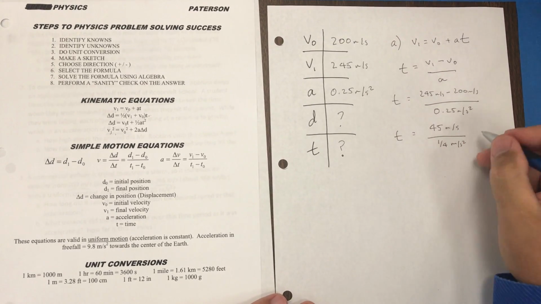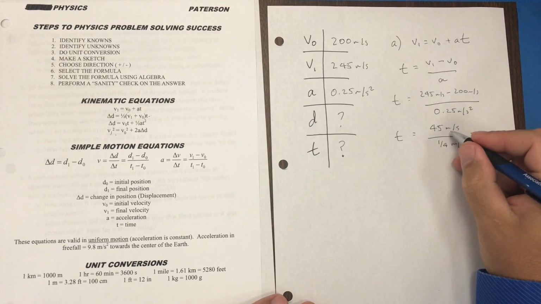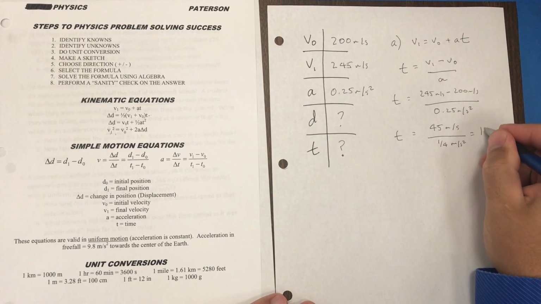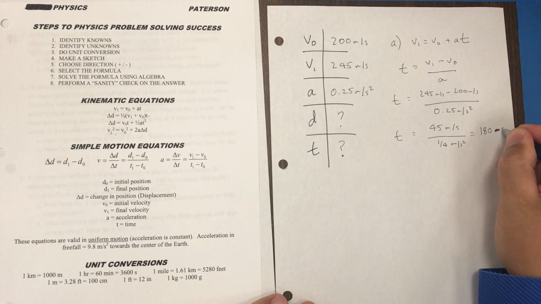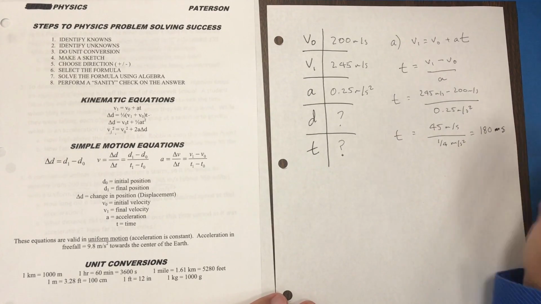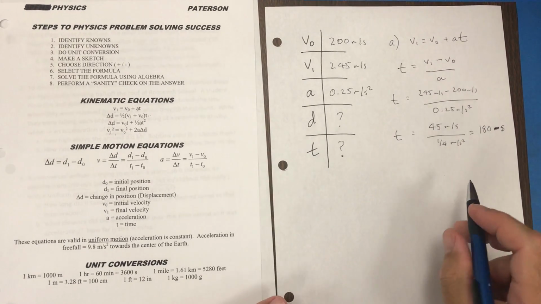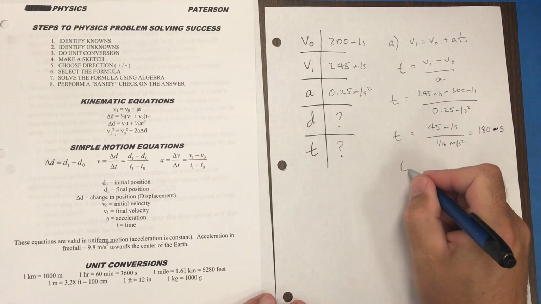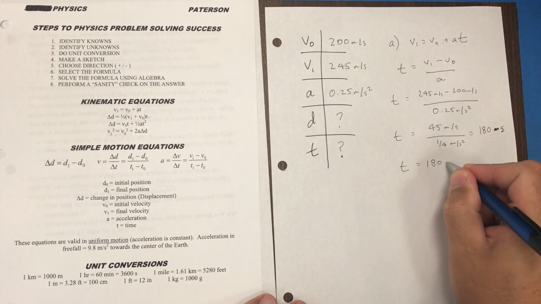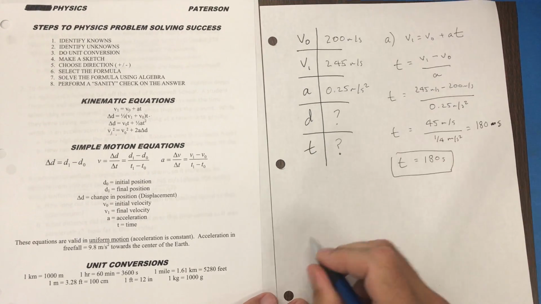So flip that up. So it's basically multiply 45 times 4, and that's 180 seconds. So I almost put the wrong unit in there. 180 seconds. So that's my time value. I'll write it again. 180 seconds.